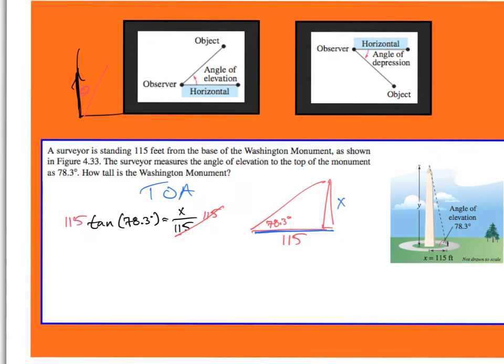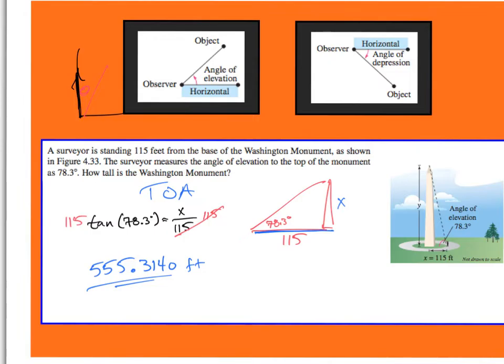Then we put that into our handy dandy calculator. Feet. Okay. Make sure we round to 4, even if that fourth one is a 0. All right. Pretty good?